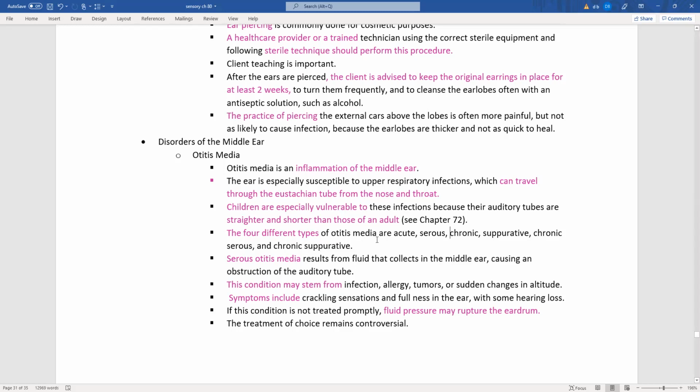Okay, so serous is acute serous, then you've got chronic serous and chronic suppurative. Okay, okay.